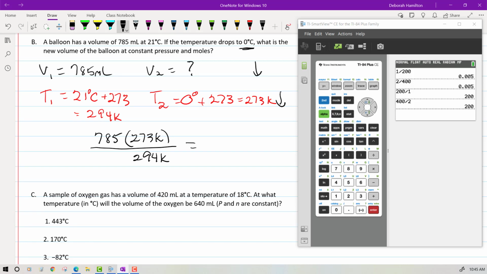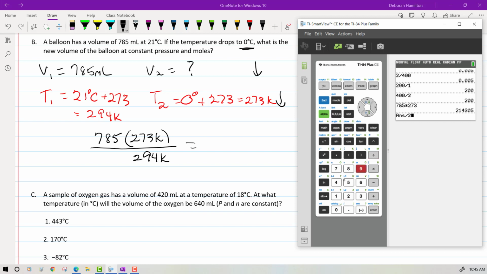So we'll make that prediction. And I think you can see that because 273 over 294 will be less than 1. Coming over here to the calculator, 785 times 273 divided by 294. So we get 728.